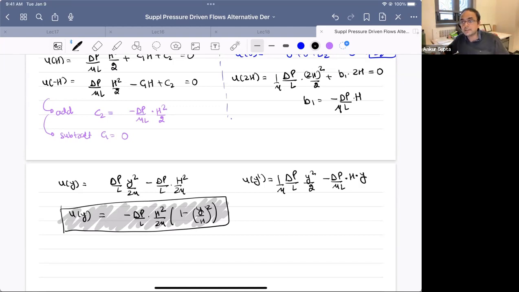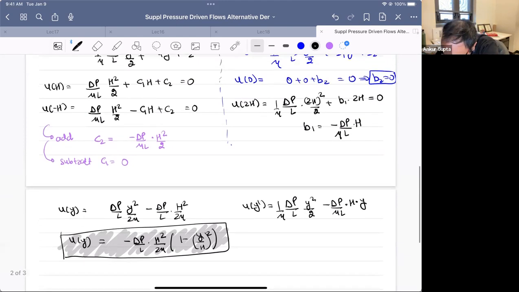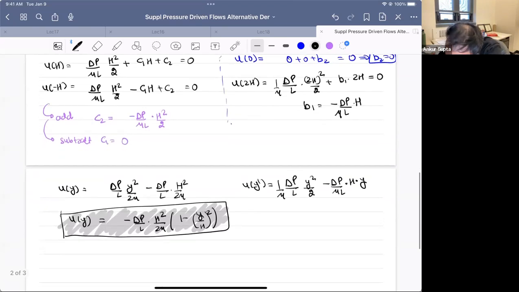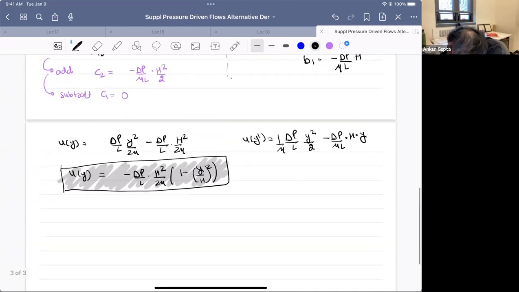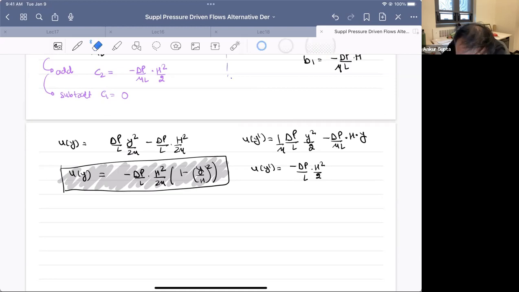So we will see if I made a mistake or this is correct. So let's keep going. So u of y prime, we take out minus delta p by mu L, h square by 2, or I just prefer to write it as h square by 2 mu.